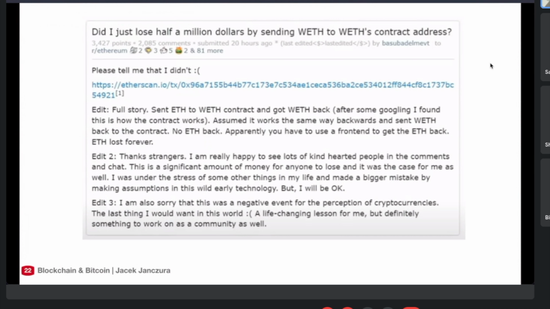If you send a transaction to the wrong address or in the wrong way, in most cases, if you type the address wrong, your Bitcoin and or Ethers cannot be retrieved. And this is just one of thousands of examples of how people lost a ton of money.